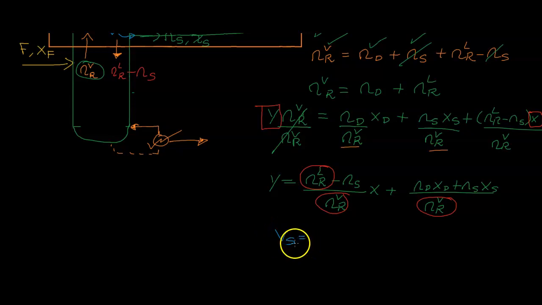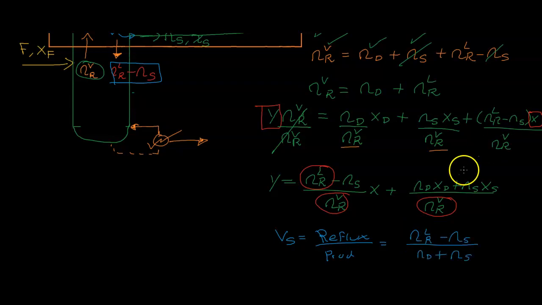Reflux ratio is nothing other than what is refluxed inside of the column over the product. Basically, reflux over product. Sorry, I'm not writing really nicely. So basically, this is the reflux from this section that we are working with.